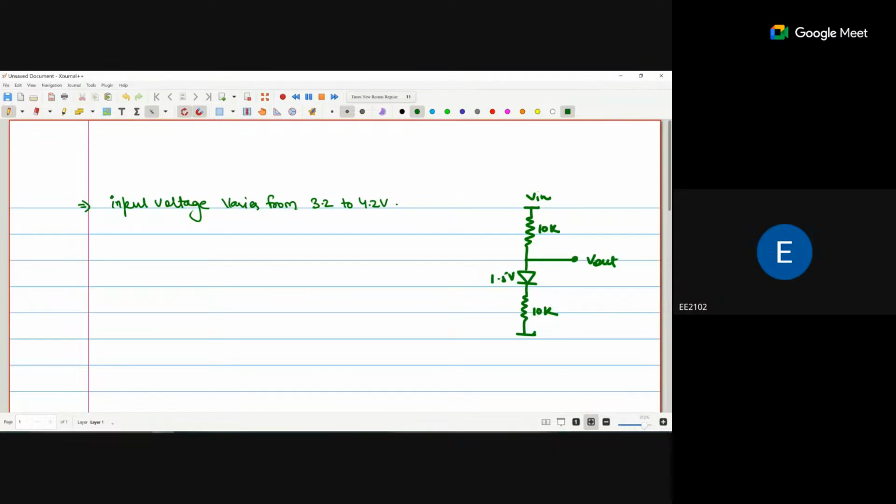Now, first of all, if I consider that V in is equal to 3.2 volt, what is the current that is flowing? So 3.2 minus 1.5 volt divided by 20K. That is the value of current I. That is 1.7 divided by 20K.